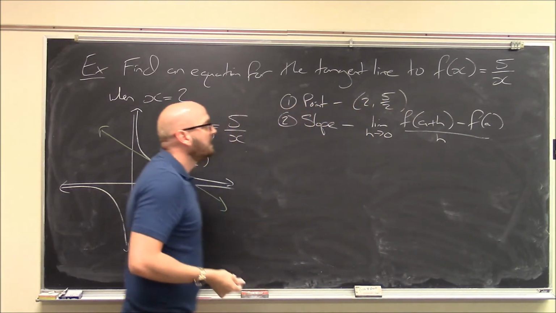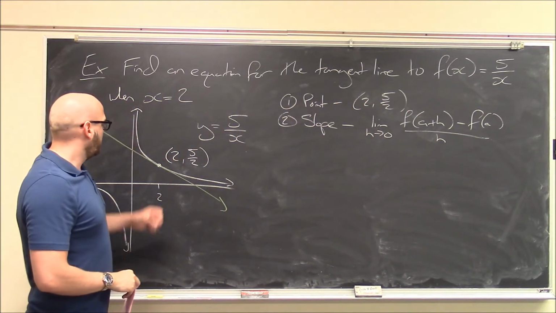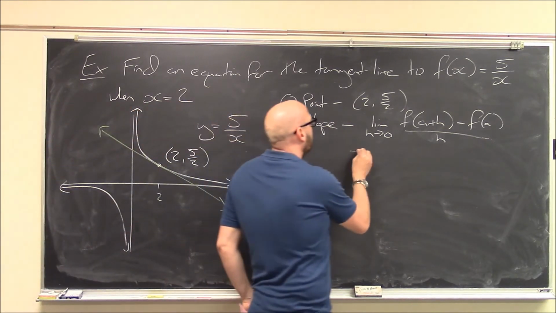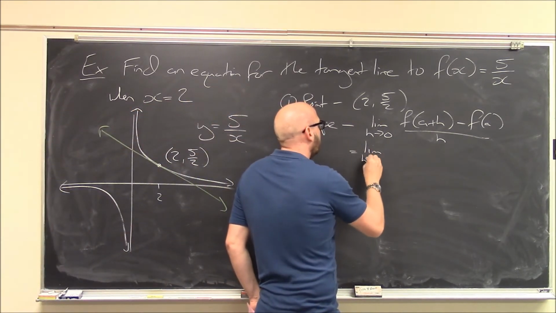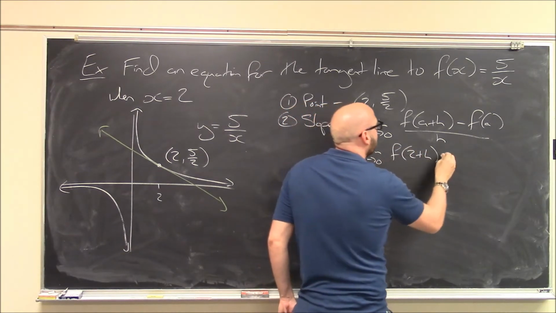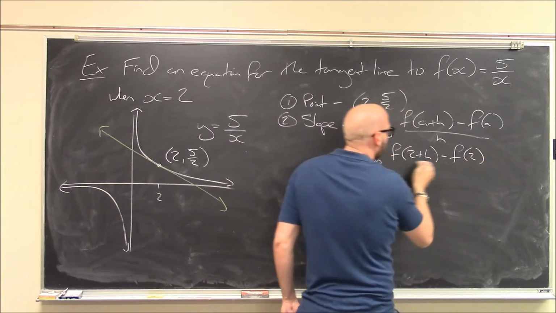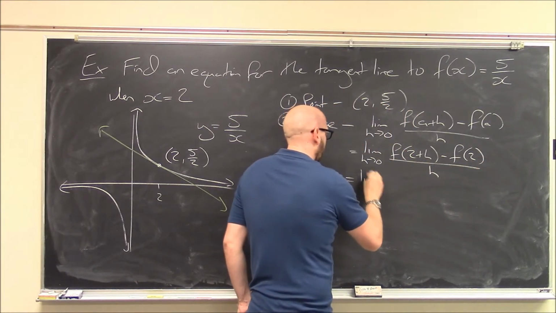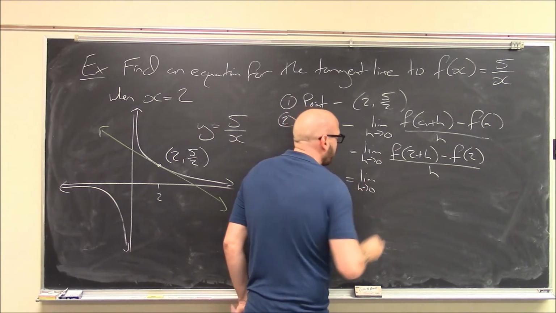Right, there's the general formula. What are we choosing a to be in this case? We're choosing a to be 2. All right, so this is the limit as h goes to 0 of f of 2 plus h minus f of 2 over h.